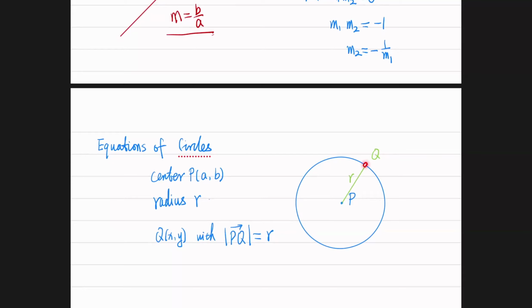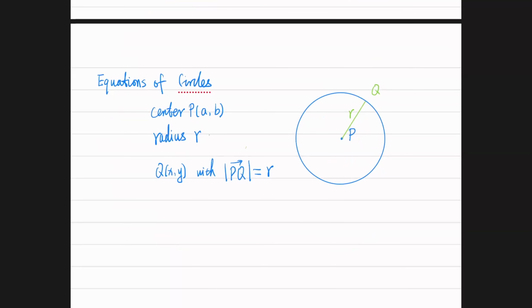All the points with the distance to the center equal to the radius give a circle. This is the formula, the geometric definition.